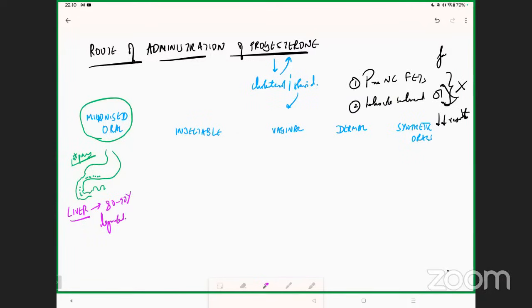So from whatever dose you give orally, you can give 200, 300, 400, the available concentration is going to be only probably 10 to 15% of that. Plus, as we all know, whenever we are using an oral route, the patient is going to experience some side effects. The most common side effects the patient experiences are headaches and dizziness.